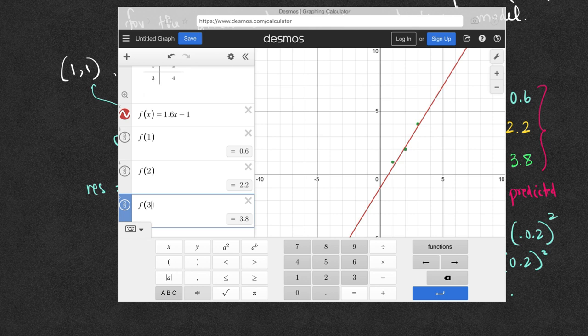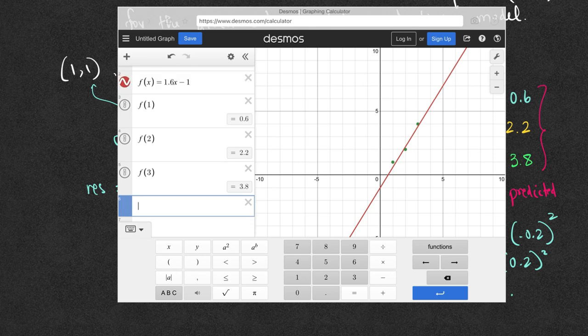Now, having the observed values and the predicted values, we can compute SSE. We do this by taking the difference between the observed and the predicted values, squaring them, and then adding them up.